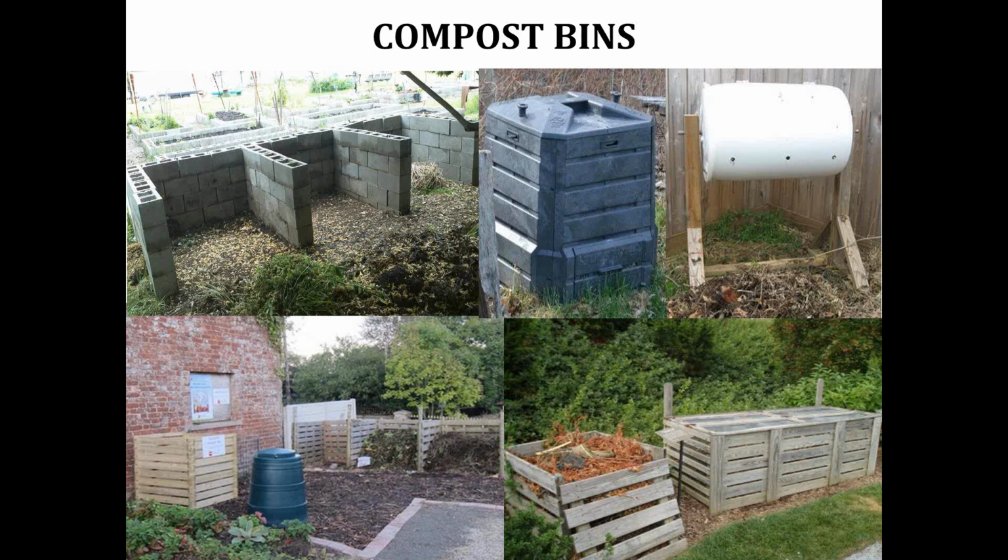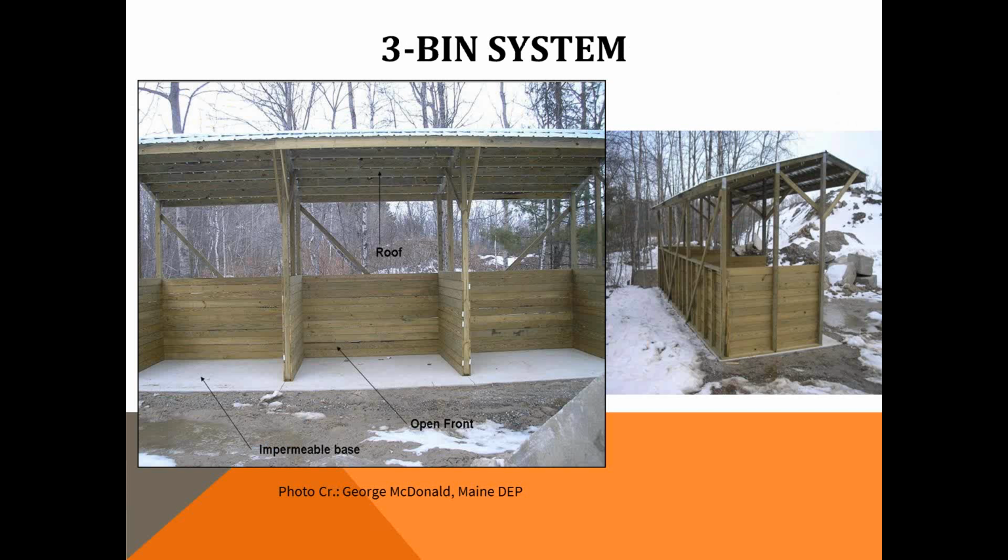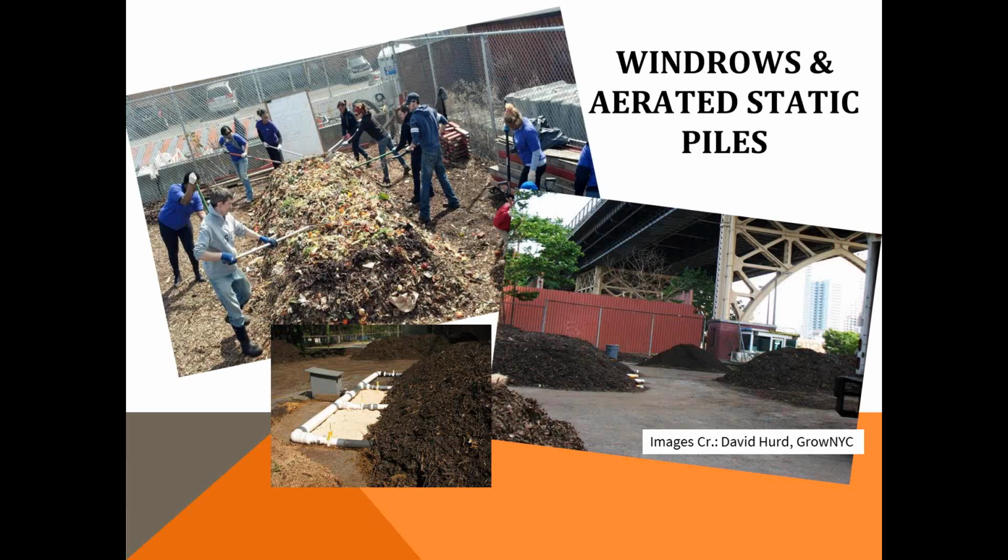Again, a lot of sites also want to be an education or demonstration site, so having a tumbler with some compost bins is a great idea. There are lots of examples out there for those. You can also use the shed system or a 3-bin system, where you start off on one bin and then it goes to the next. There are all kinds of systems to match your needs, your methods, and your goals.